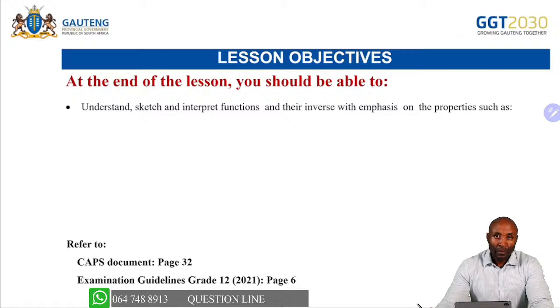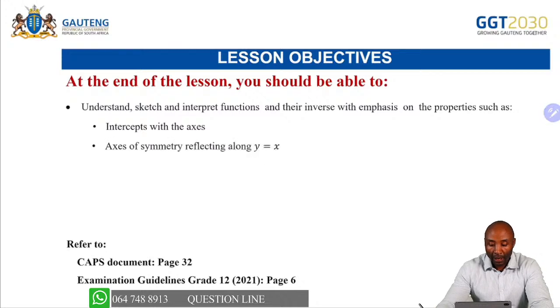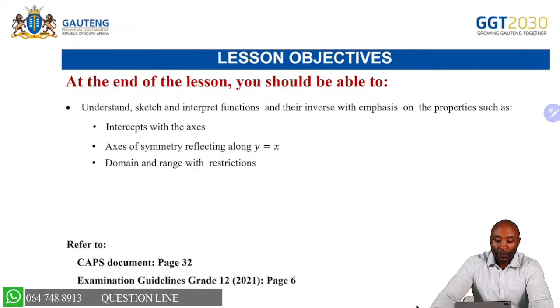Now, our objectives for the lesson today: we should be able to understand, sketch and interpret the functions with emphasis on our intercepts with the axis, our axis of symmetry, which is our reflection along the line y is equal to x. We look at the domain and range with restrictions.